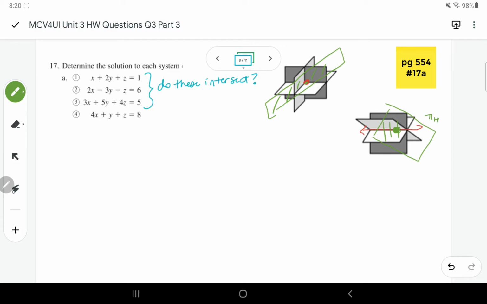So first of all, we're going to look at the 3 equations there, see if they have an intersection, and then if they intersect in a point, we're going to check the point and see if it's on that 4th plane. And if they intersect in a line, these first 3, then we will check and see where that line intersects with the 4th plane.